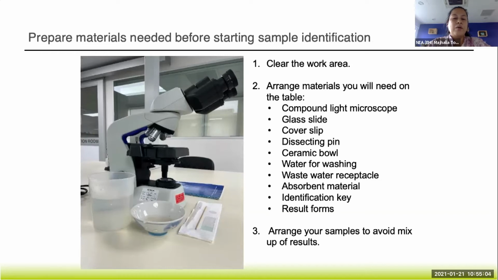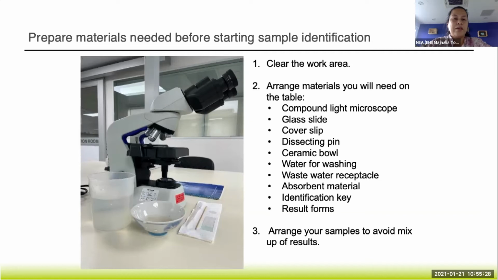And then always prepare, which I didn't put in this picture, a container where you can put your wastewater. Because if you're dealing with a series of larvae samples, make sure there is some place where you can dispose of the water from the previous sample so that you don't mix up your samples.